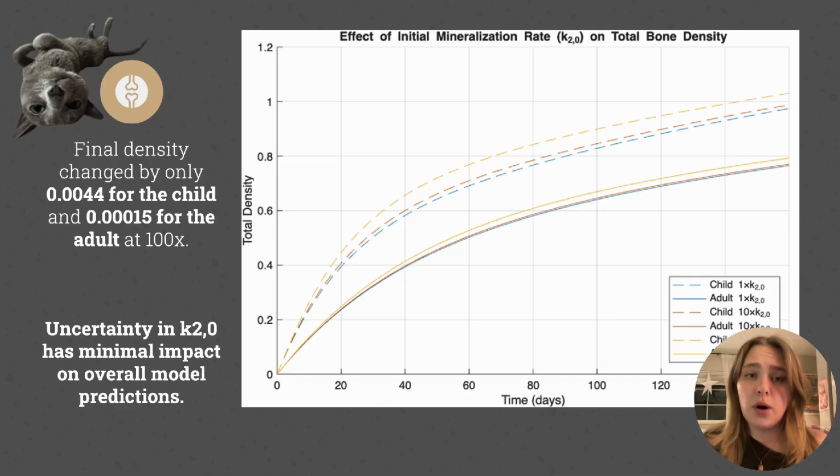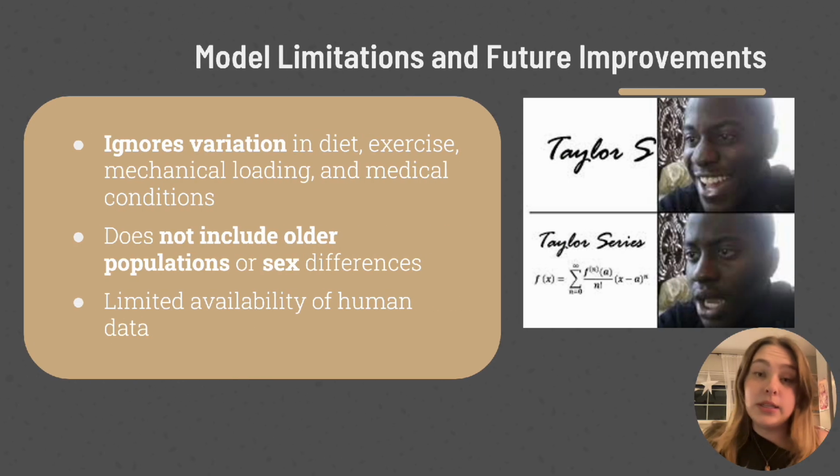This tells us that the model is very stable with respect to this parameter, and even if we had errors in our K20, which, as we estimated, we probably did, there should be no significant effect of that on the predicted healing outcomes.